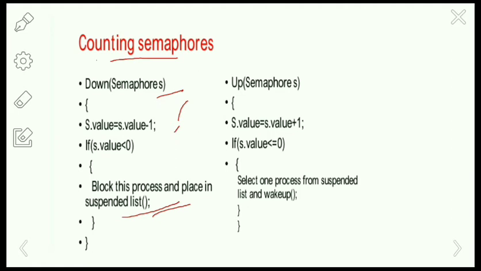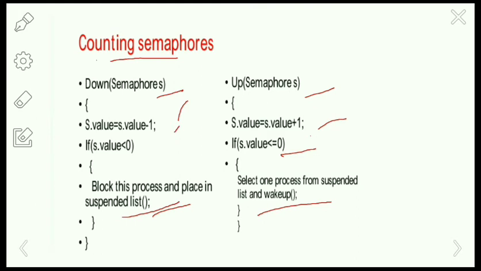Okay, so next one is the up operation. So we're going to perform the up operation on the semaphore. Okay, so in here we are going to increment the semaphore value by 1. Okay, and if semaphore value is less than or equal to 0, then select one process from the suspended list and wake up.